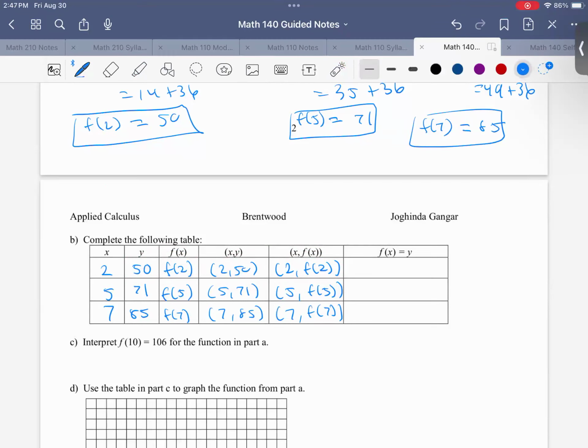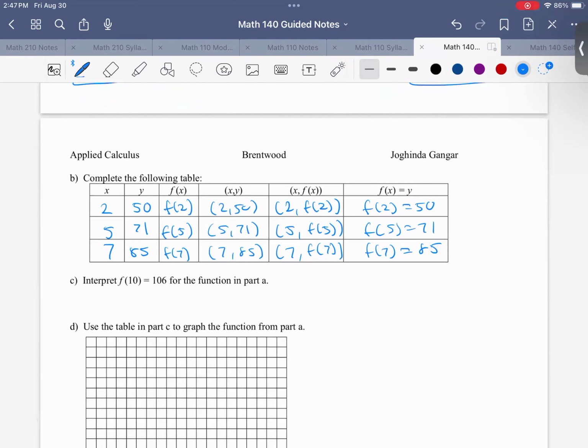What this is trying to say is, hey, f of 2 just equals 50, f of 5 equals 71, and f of 7 equals 85. So there are different ways to write an output. It could be your y numerical value, it could be f of the input, but they all mean the same thing.